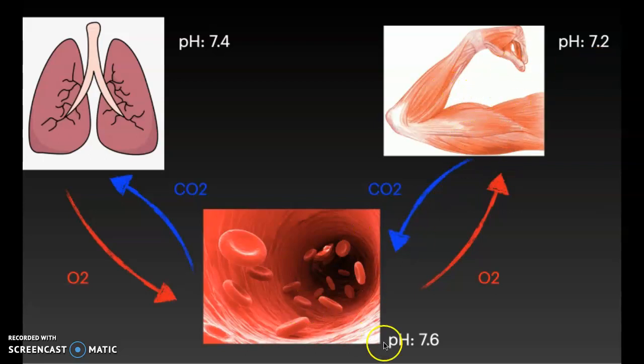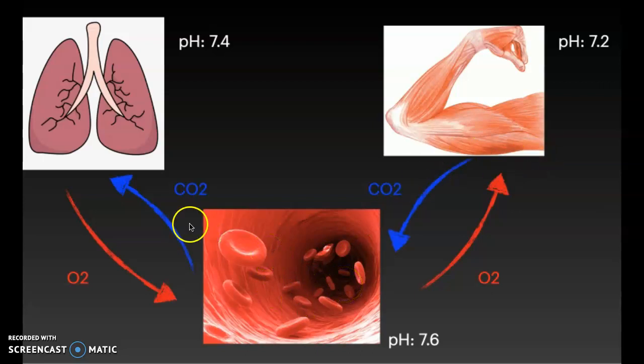The bloodstream has a pH of 7.6, and the muscles have a pH of 7.2. And then once the hemoglobin releases its oxygen to the muscles, the hemoglobin transports CO2 back on the hemoglobin itself back to the lungs.